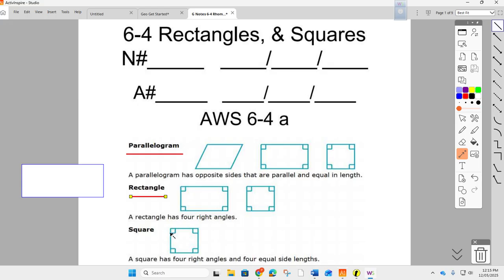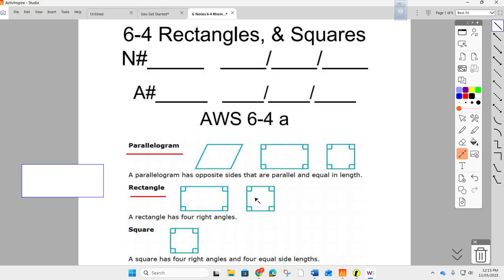So what's the difference between a square and a rectangle? Because the square we see is a rectangle, right? So how are the rectangle and the square different? The square is a rectangle. By definition, that rectangle, opposite sides are congruent and has 4 right angles. What's the difference between a rectangle and a square?